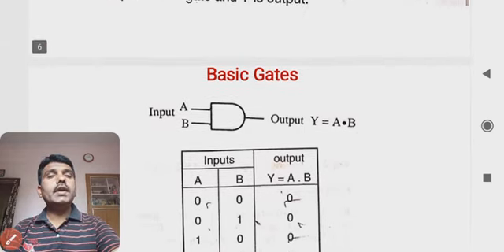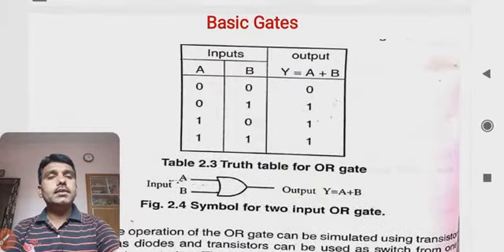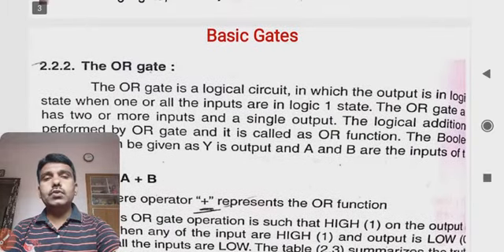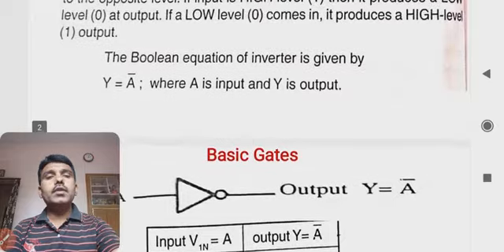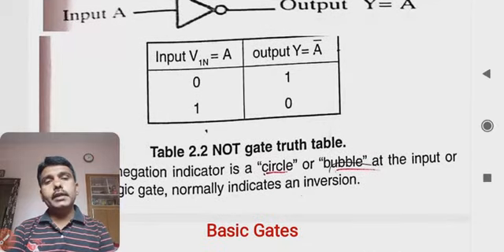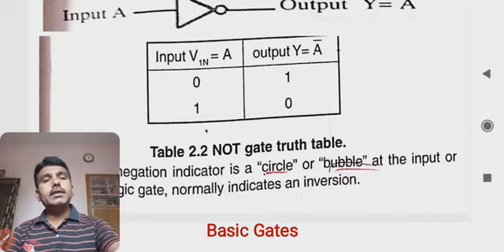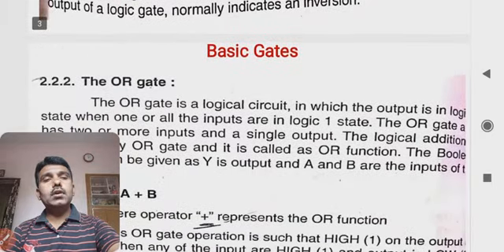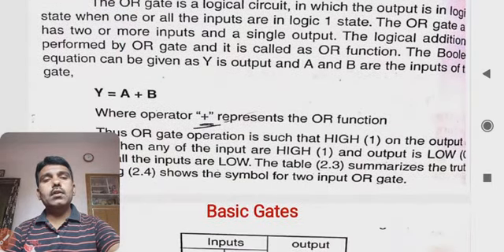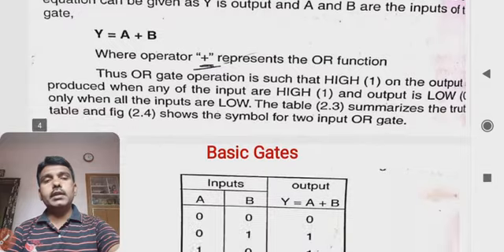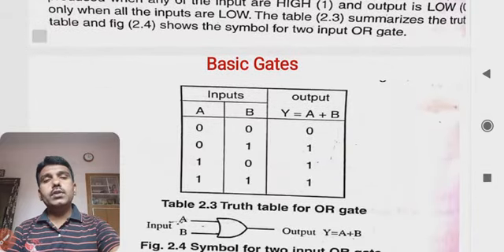So what have we learned? We have learned the basic gates. One is the NOT gate, called the complementer. It is a one-input, one-output gate. When the input is 0, the output is 1, and when the input is 1, the output is 0. It works as an inverter or complementer, and that's why it is called a NOT gate. The OR gate has the logic that if any input is high, the output is high.